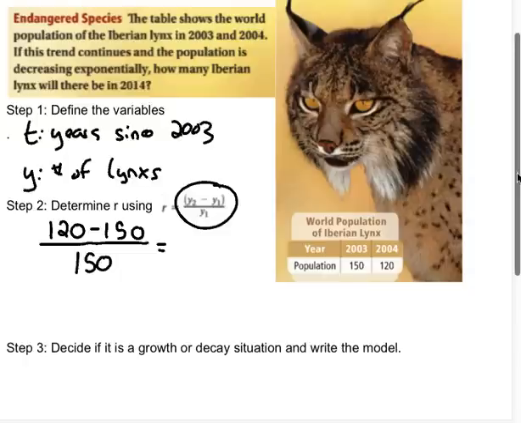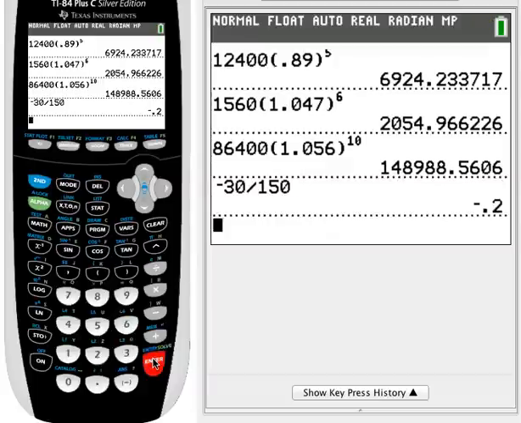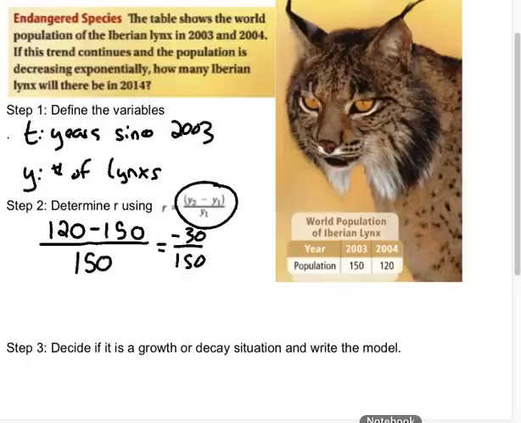So originally there were 150, now there's only 120 a year later. So our change looks like that. So let's type that into the calculator. Negative 30 divided by 150. Our change is negative 0.2.